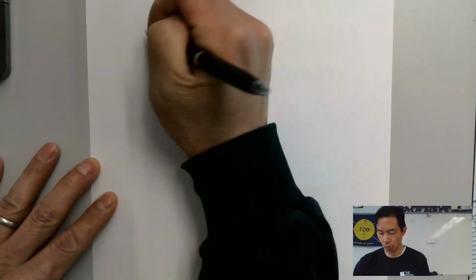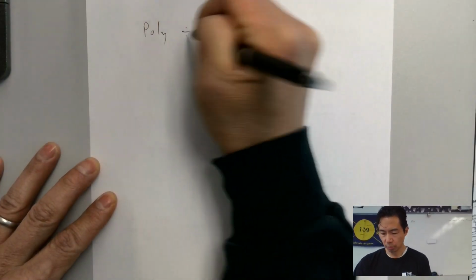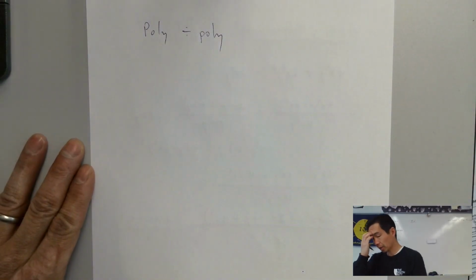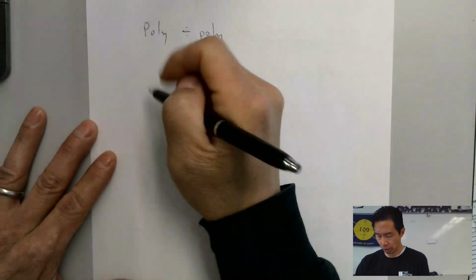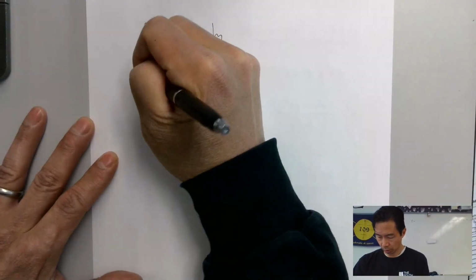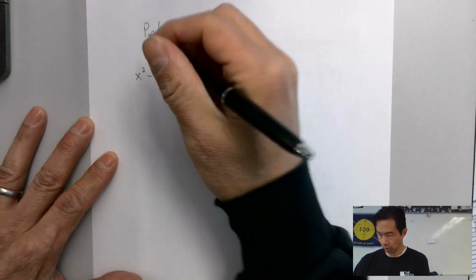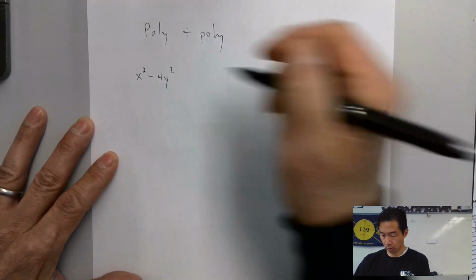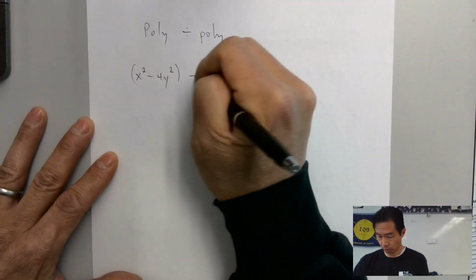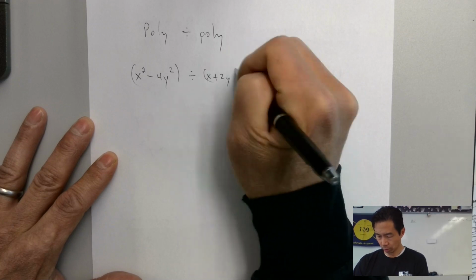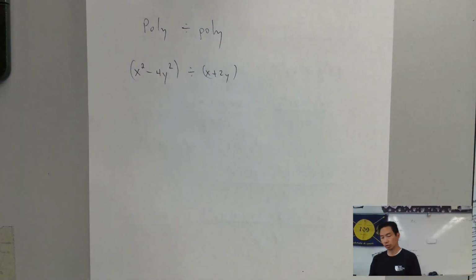Now we're going to do a poly divided by a shorter poly. Well, actually, in this case, it's not a shorter poly.